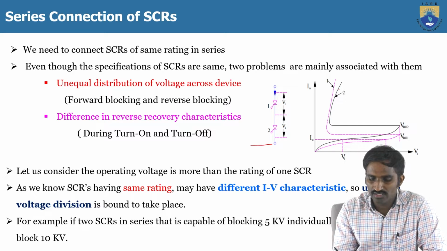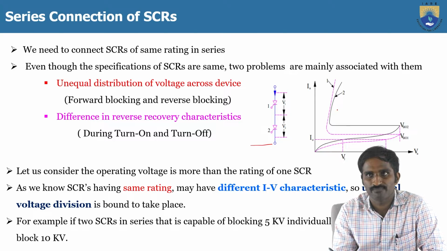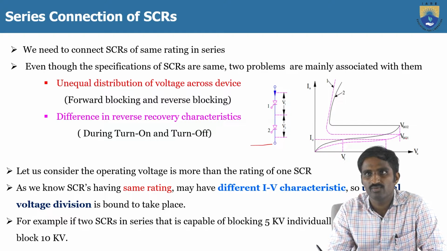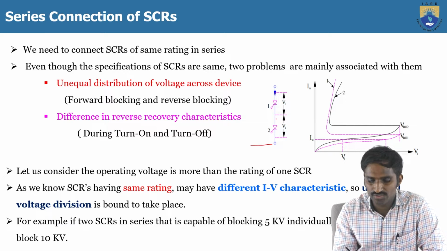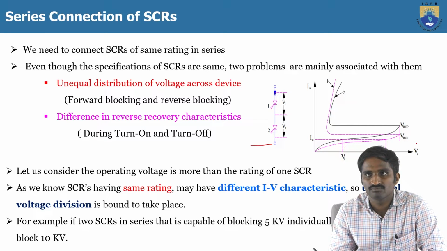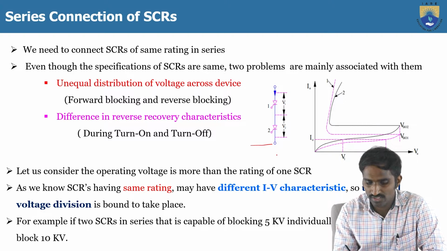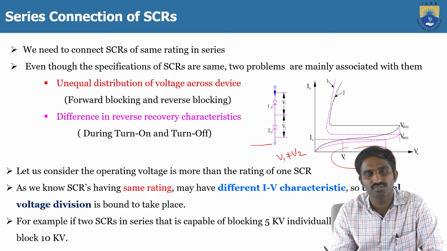As you can see, the characteristics of T1 and T2 are different, and the forward blocking voltages are also different for these two cases. Which means the voltage across one device is V1 and across the other is V2, so V1 is not equal to V2. From these characteristics we can clearly observe this.